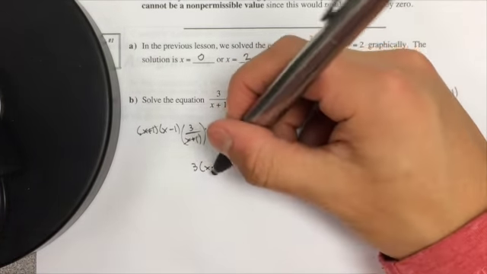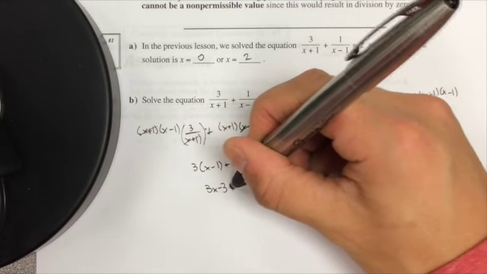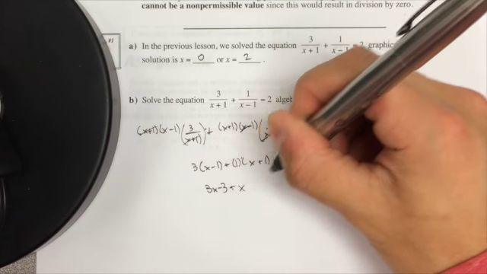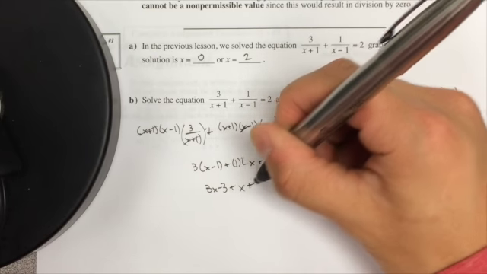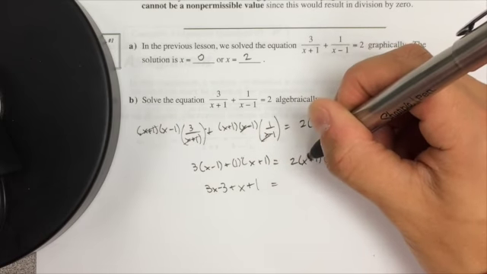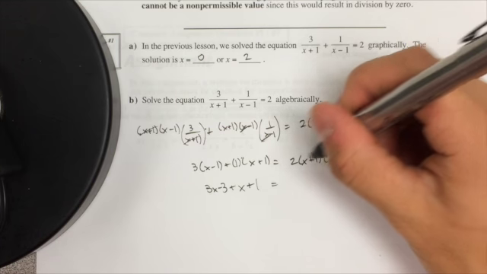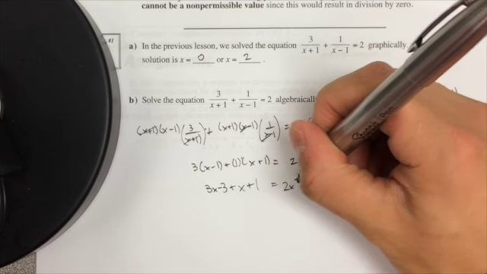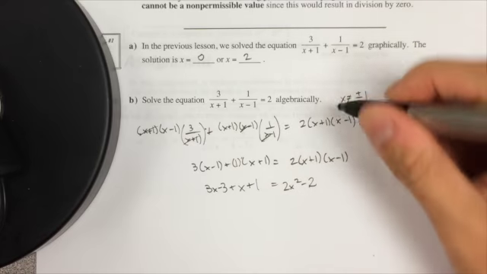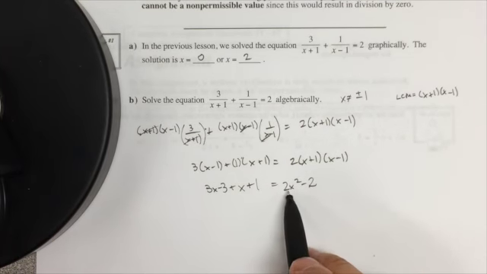From here we need to expand these terms to give us 3x minus 3 plus x plus 1. And that is going to equal, difference of squares would be x squared minus 1, times 2 would be 2x squared minus 2. I have my difference of squares, and then multiply that by 2, and that's what I'll get.